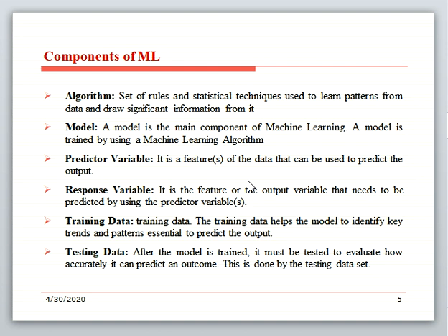The next component is the predictor variable. Its function is to predict the output. Based on the input, I predict what my output will be. Then the response variable. Whatever input we give, we get a particular output. That is the response; the response will be affected by the input term. And training data.